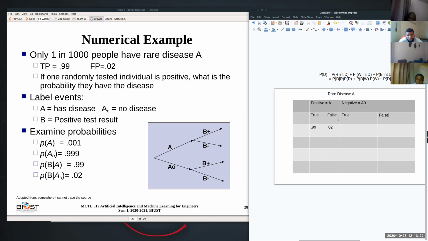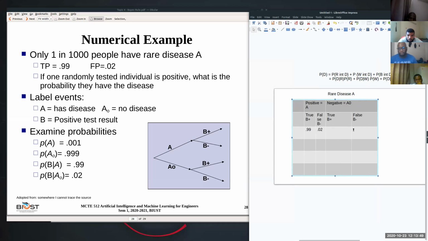In the table, this is B plus, and for completeness this is B minus. B plus is the positive test result, and B minus is the negative test result. So this is the table. But we don't have information on the negative. We only have information on the positive, so let's concentrate on the positive.